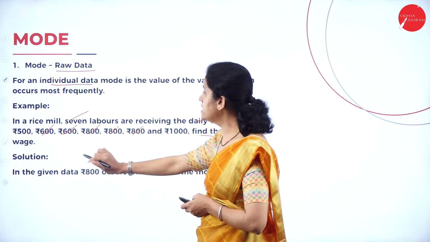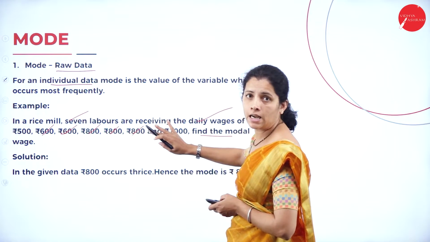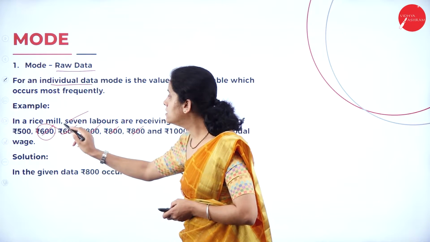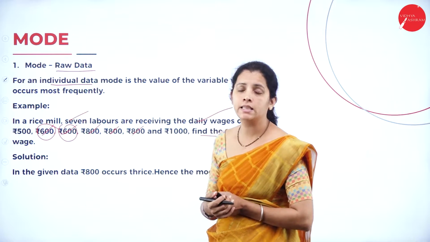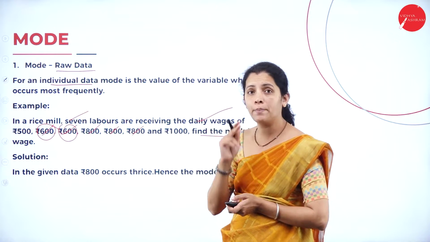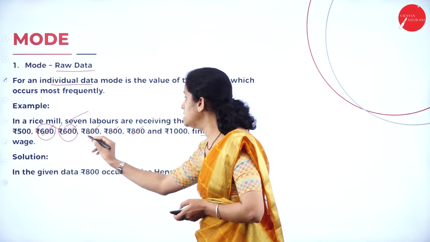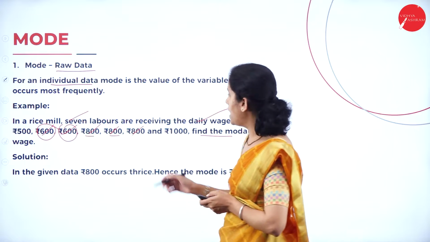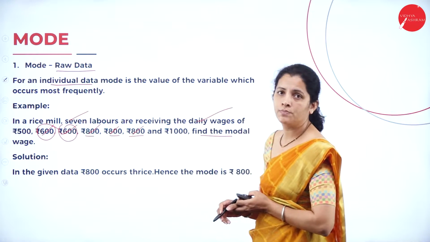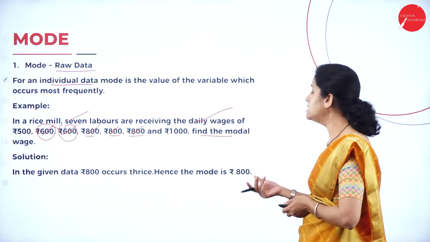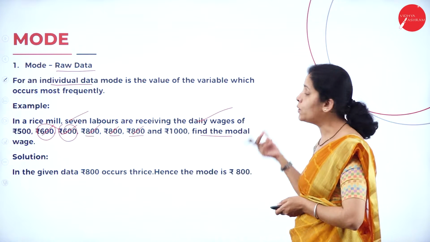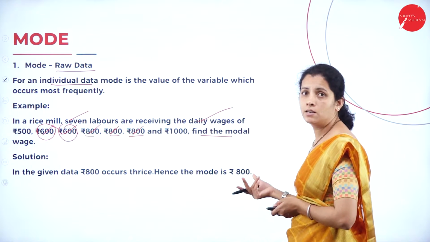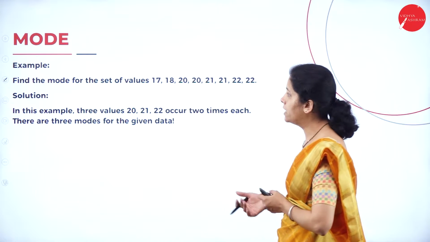If I consider this observation, I get 600 twice. 800 appears one time, two times, and three times. So what is the mode here? It is 800. 800 appears 3 times. For that reason, mode is 800.